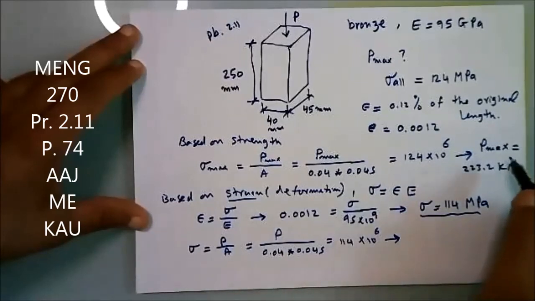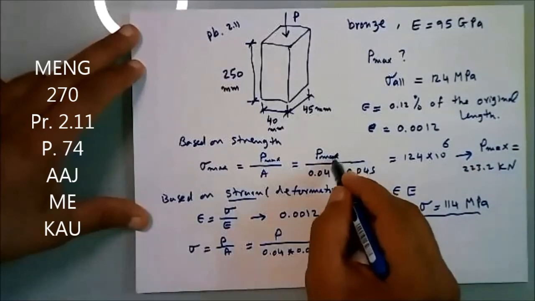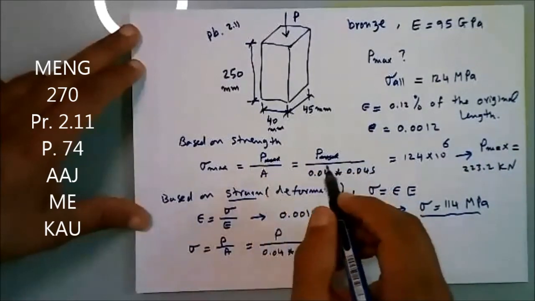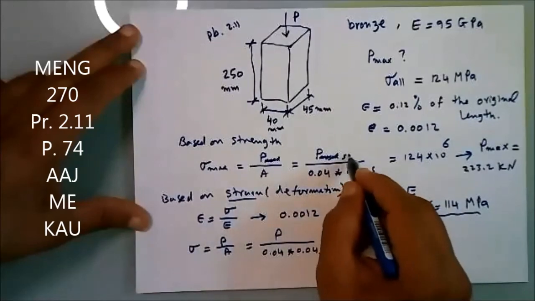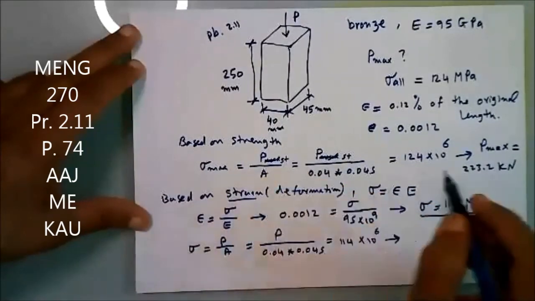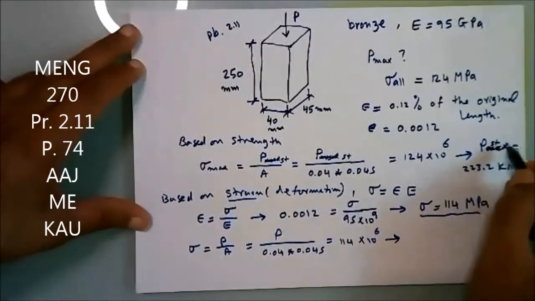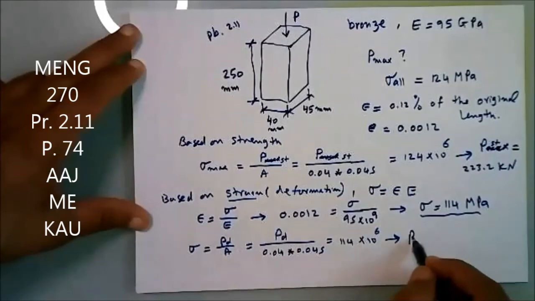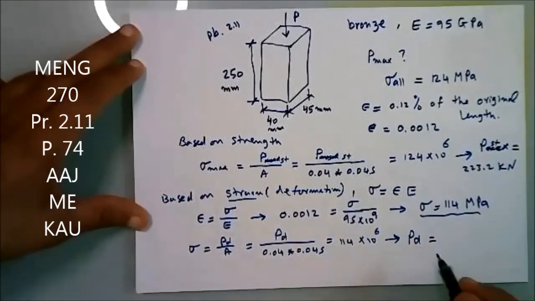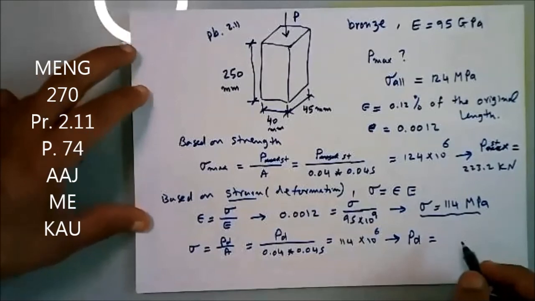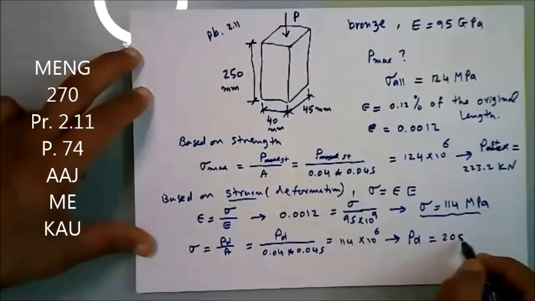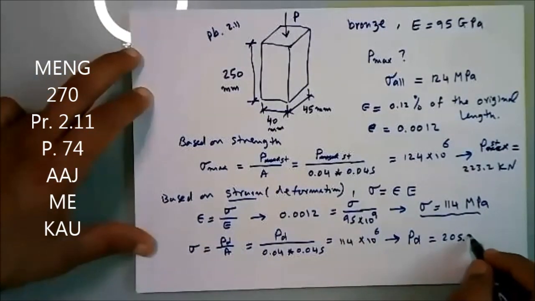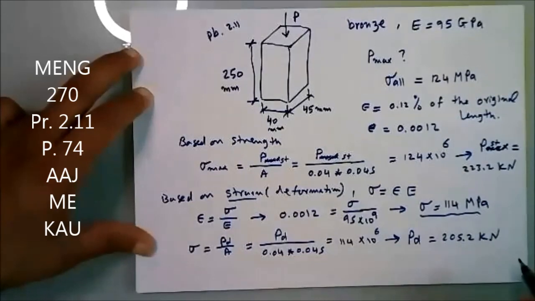I think we should not call this P maximum from the beginning. Let's say this is P based on strength, and this one P based on deformation. So P based on deformation is, how much is this? 205 kilo Newton.